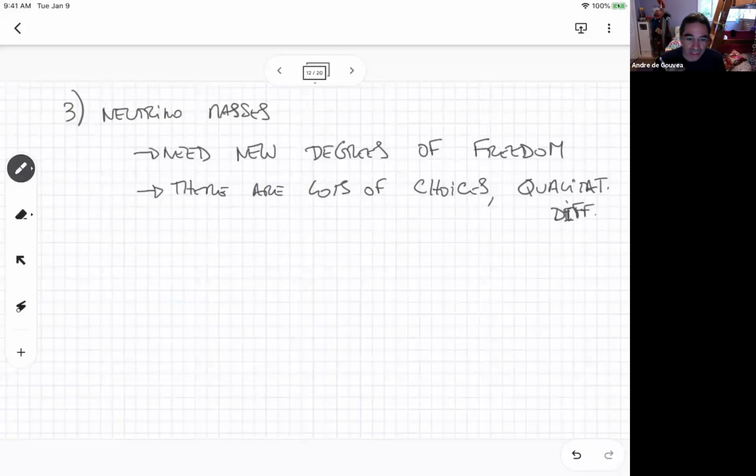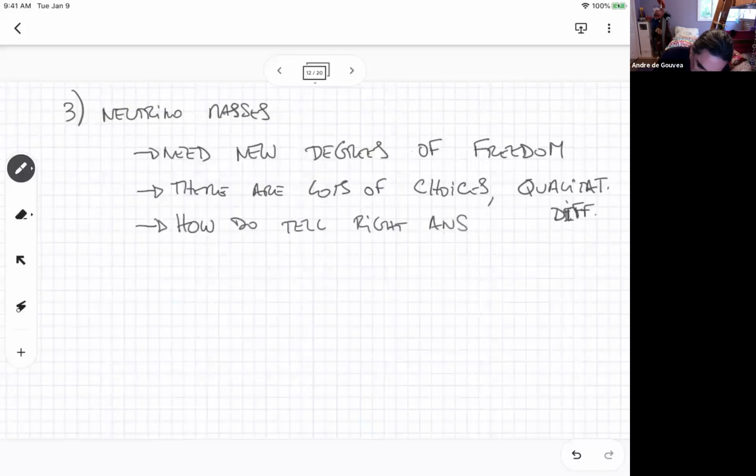And there are lots of different ways of doing it. There are a lot of different kinds of degrees of freedom you can add. They can be very light, they can be very heavy, they can be somewhere in between, they can be neutral, they can be charged, they can have new quantum numbers under new interactions. So the number of choices is gigantic. And of course, if you're in the business of phenomenology, the million-dollar question is, how do we tell the right answer?